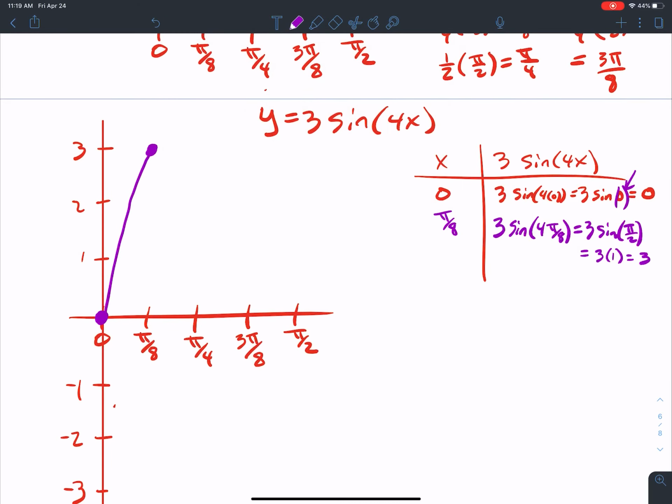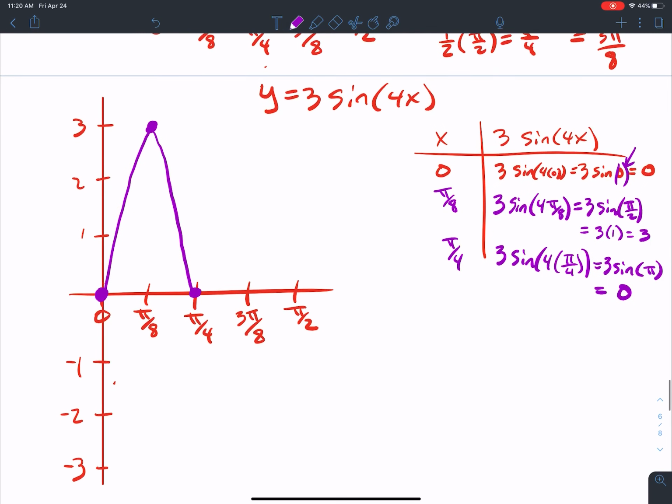And then if I plug in the next critical point, pi over 4, I have 3 times sine of 4 times pi over 4. So the 4's cancel, and I get 3 times the sine of pi. Well, I know the sine of pi is 0, so 3 times 0 is 0. So this pulls me right back down to 0. And then I bet you can guess what the next point will be.